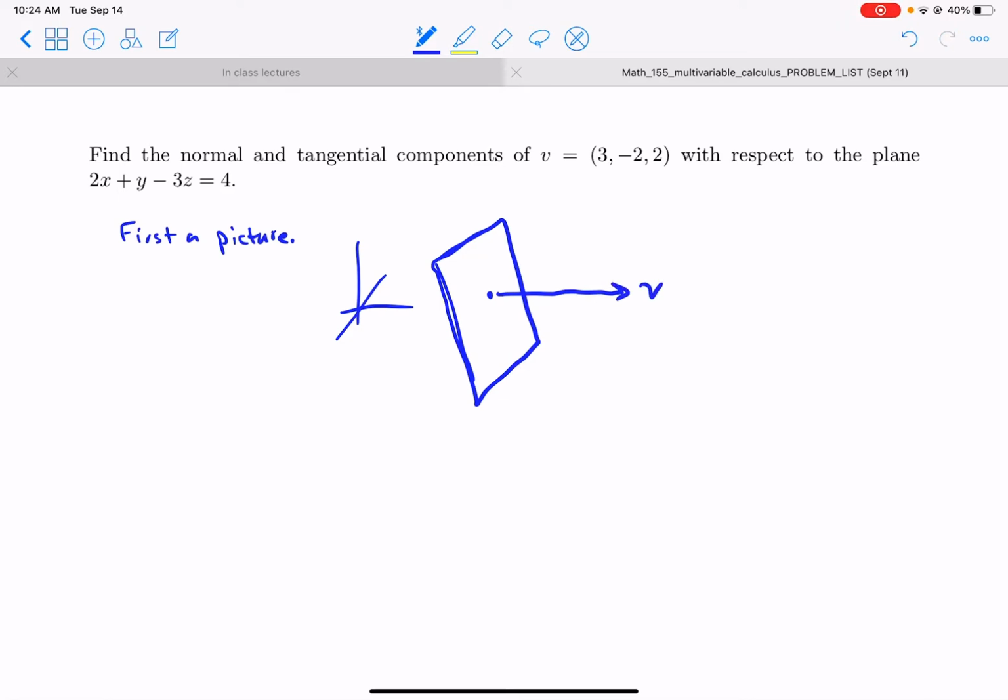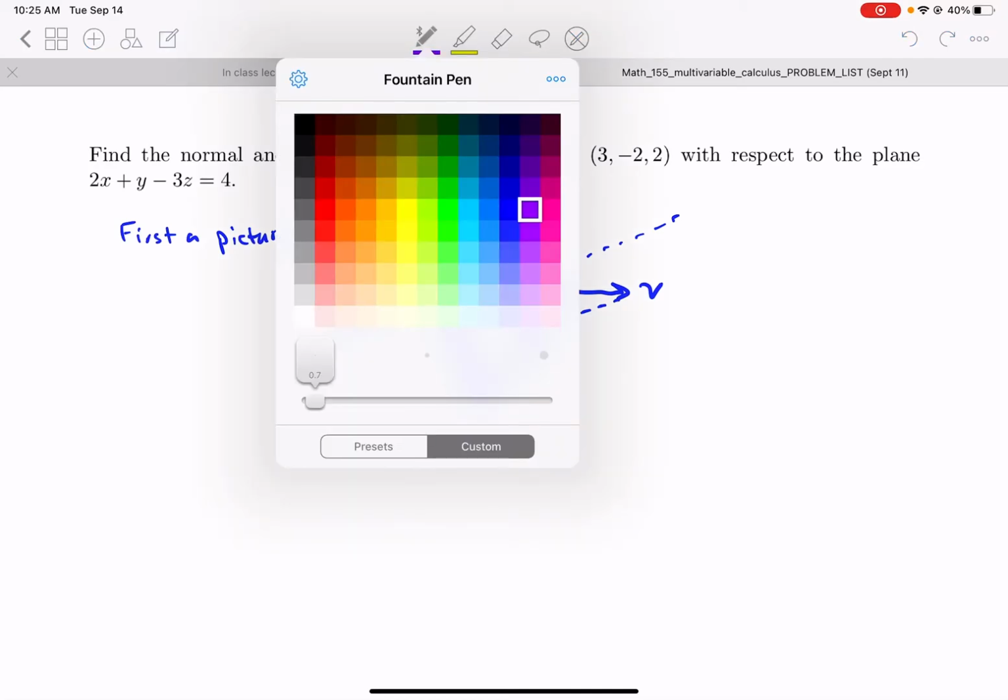Now, part of v will be normal to the plane, and part of v is like a shadow, if the sun was over here, shining light parallel to the plane. The shadow would reach the plane at some point here, where this is a 90-degree angle. And so this is the triangle that we're going to use. So why don't I give these colors?